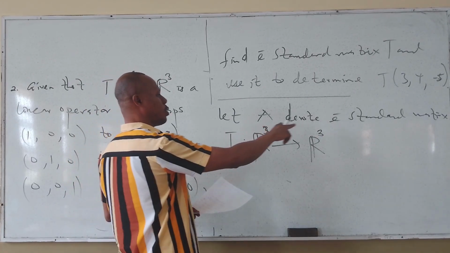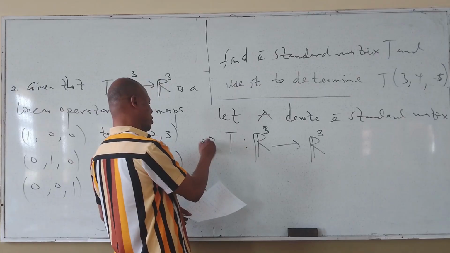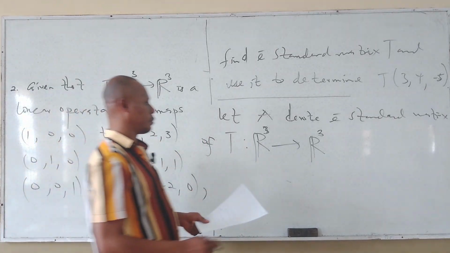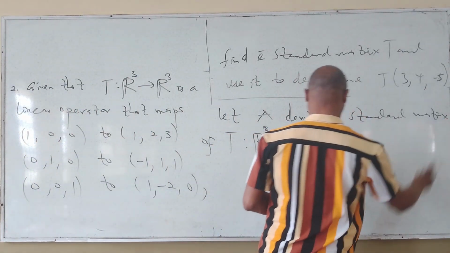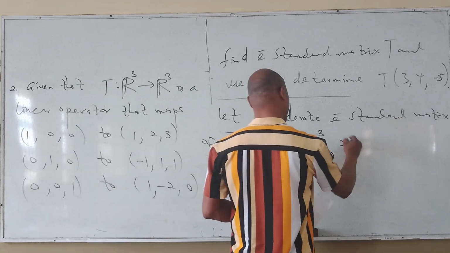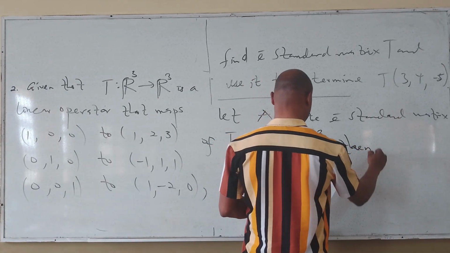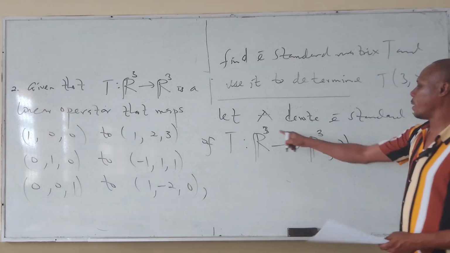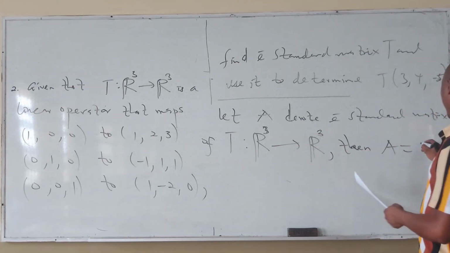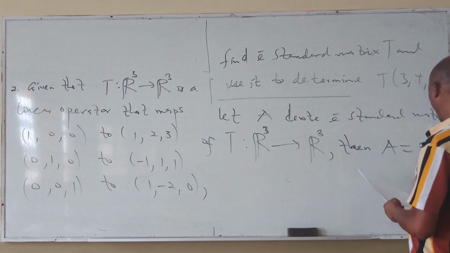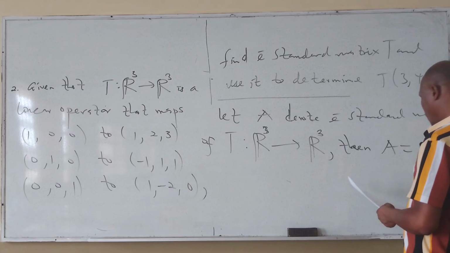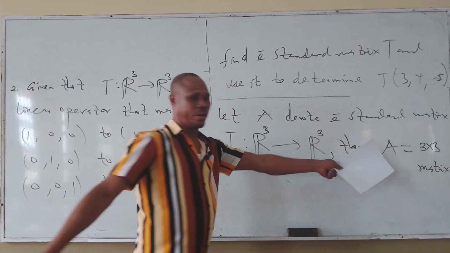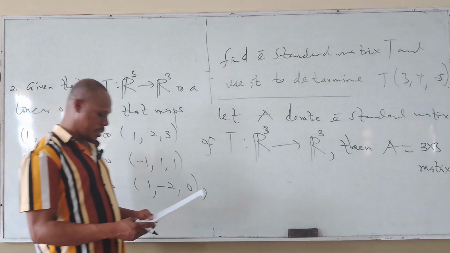Let A denote the standard matrix of T, comma, then A, so look at that, this is 3 by 3. A is a 3 by 3 matrix.